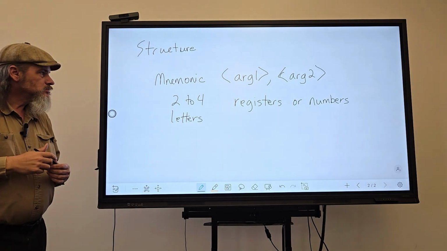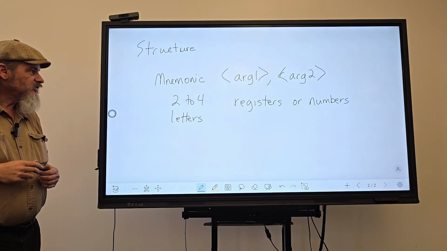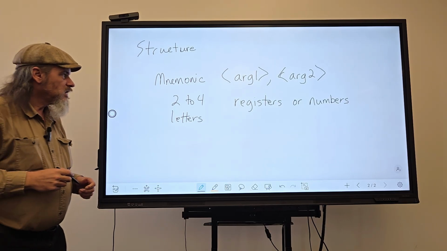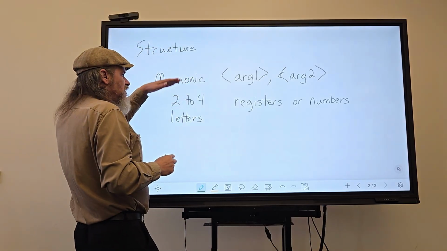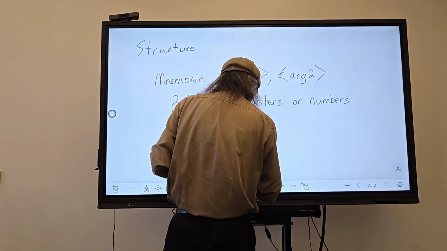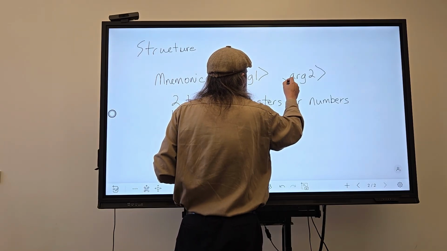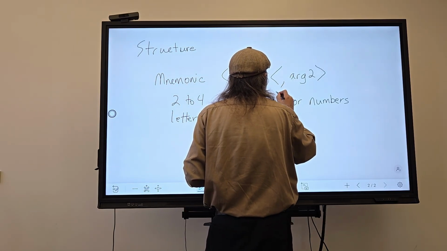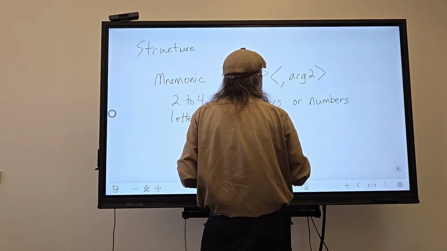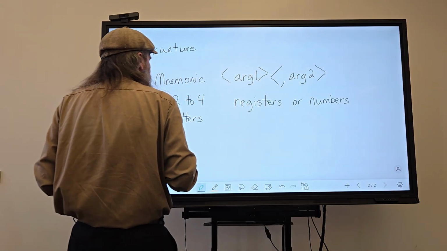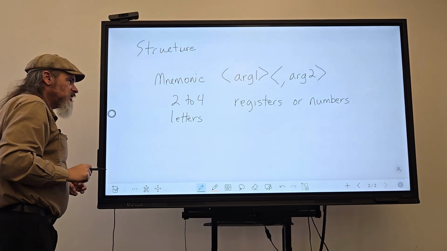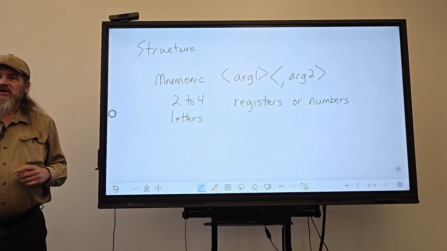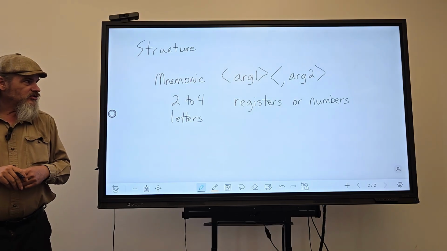If the instruction doesn't have an argument, it just is the mnemonic and then the next line. And actually, let me clarify this. The comma is optional if there is a second argument. No instructions have 3 arguments. It is just going to be 0, 1, or 2 arguments.